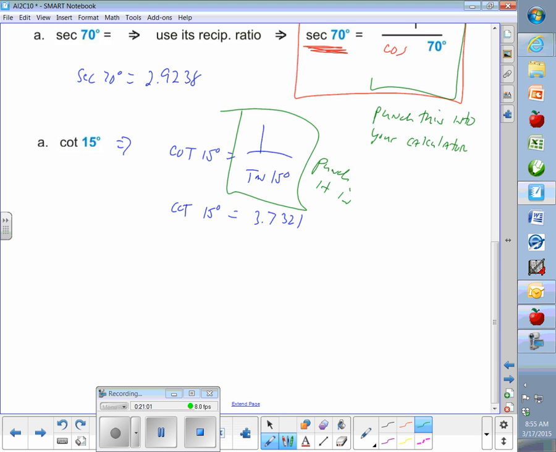So again, you have two choices. You can use the 1 division bar, your tangent button, then 15, and then you may have to close your parentheses and hit enter. Or you can do the tangent of 15 and then use your 1 over x button, your reciprocal button. You'll have one of those two buttons on your calculator for the reciprocal.